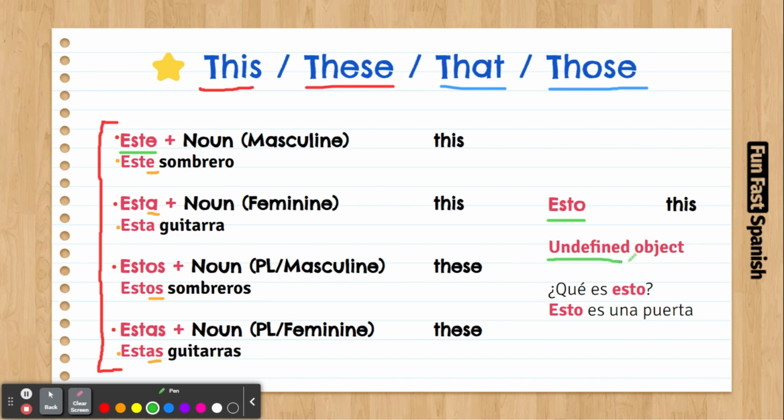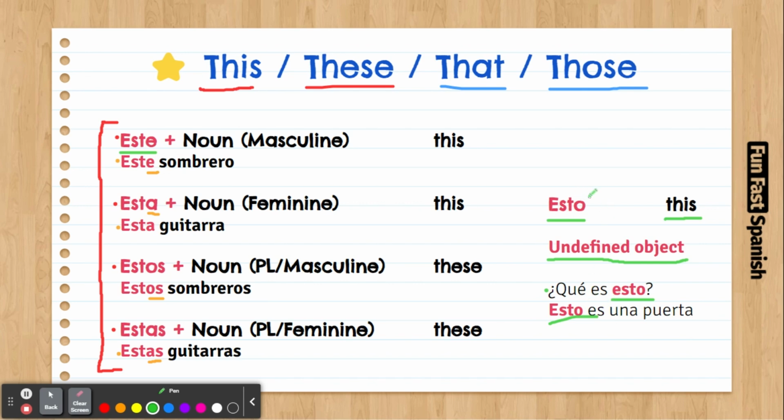It means this, but if you don't know what it is, you use esto. That's why the question "what is this" is ¿Qué es esto? It's because you don't know what that is. Esto es una puerta. This is a door.